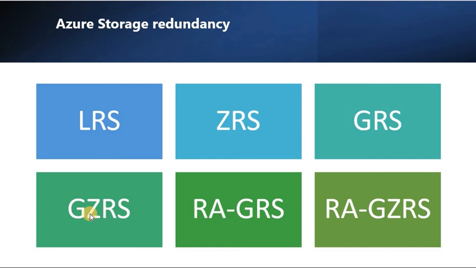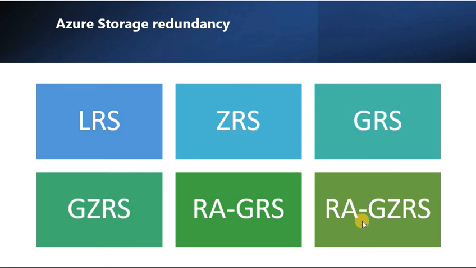If we talk about RA-GZRS, it uses the same replication method as GZRS, but it lets you read from the secondary region.